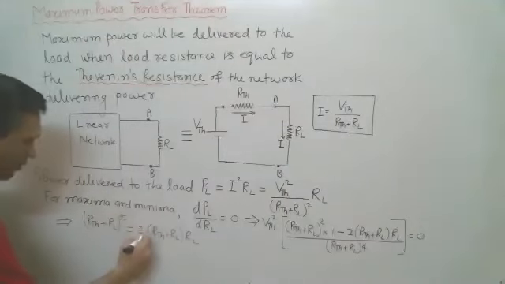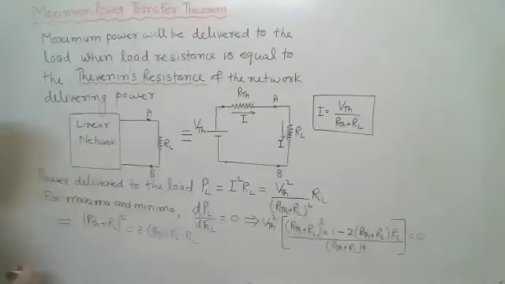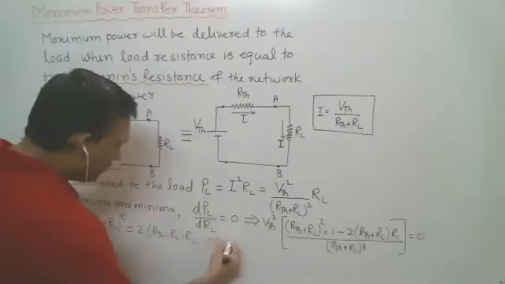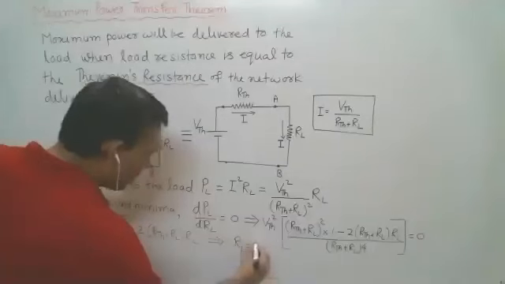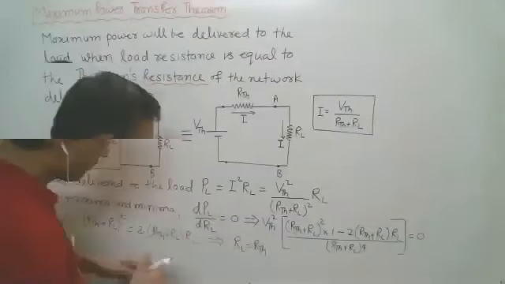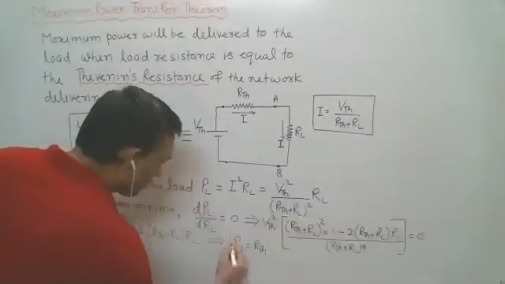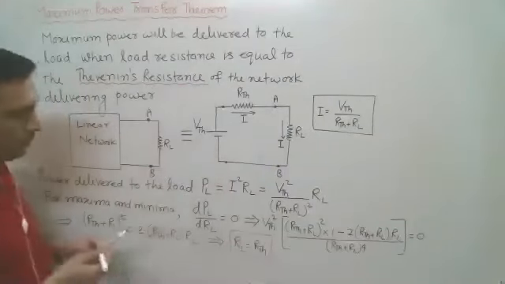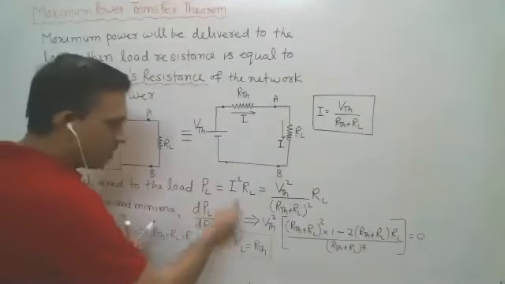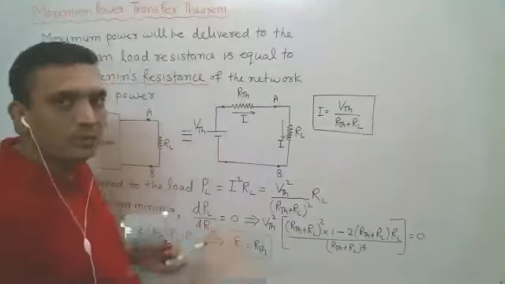So this square will cancel out, and that will give you RL is equal to RTH. So under this condition, RL is equal to RTH.